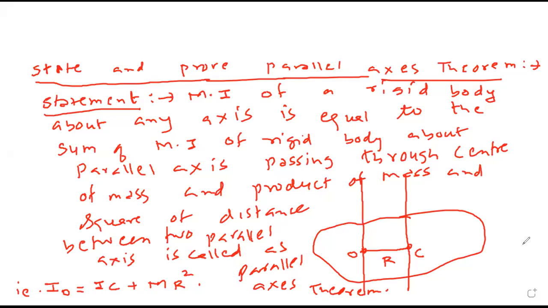Understood the statement written? Yes, sir. Okay, please write this definition. Then we'll prove whether it is really IO equal to IC plus MR square.